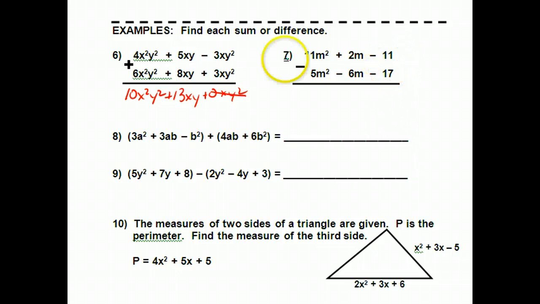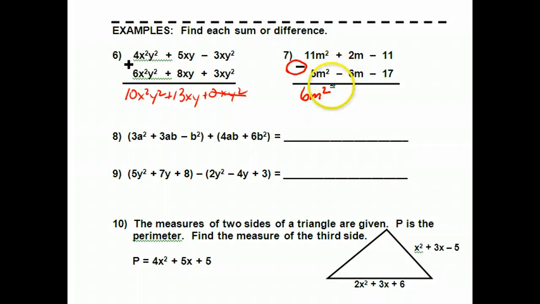But we have to really make sure that we pay attention to what our operation is between the two lines. So here, I'm going to go 11 minus 5 gives me 6m squared. Okay, but here I really have to make sure I put these two signs together. 2 minus minus 6 makes a plus 6.